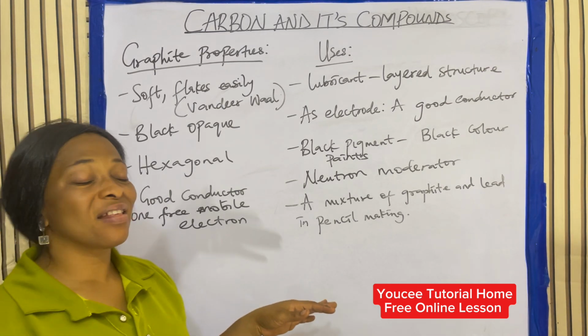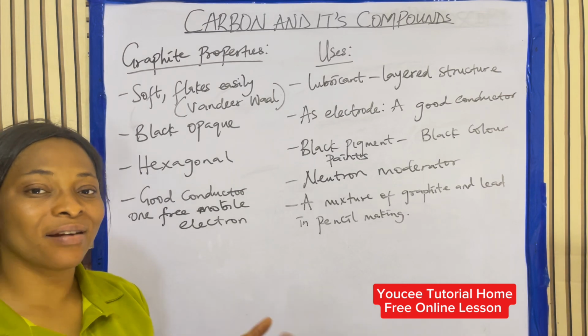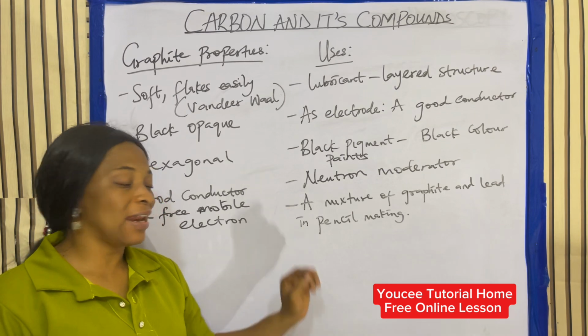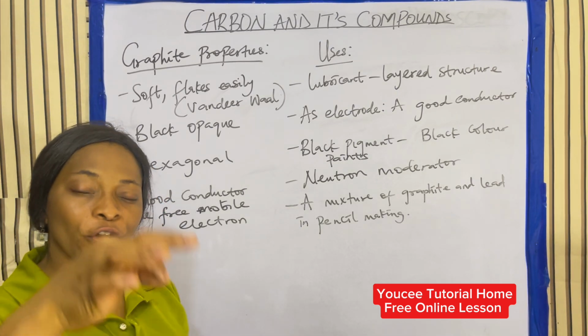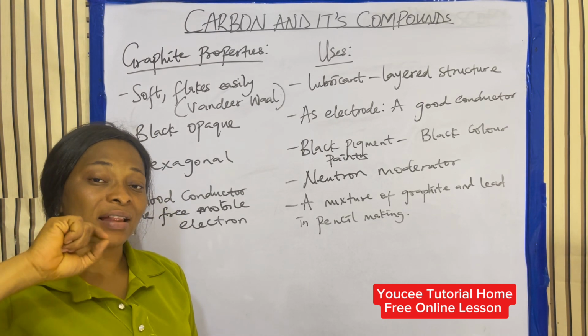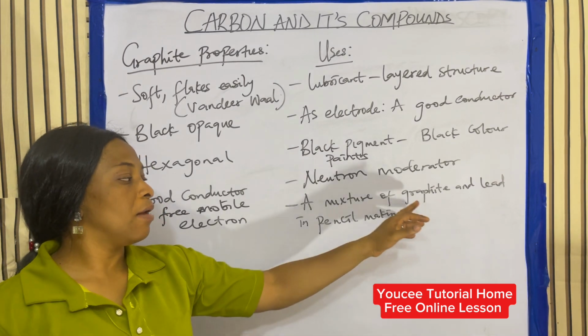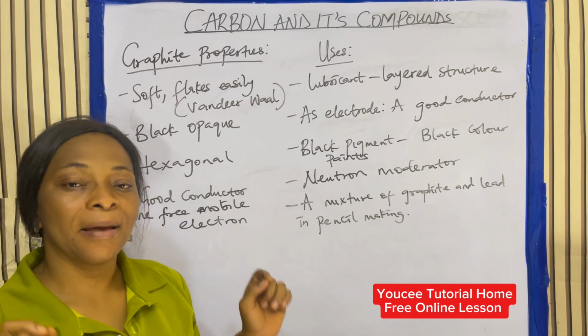It is also used as a neutron moderator in atomic reactions. And a mixture of graphite and clay is used in making pencils. You know your pencil, that black thing in it that actually does the writing.